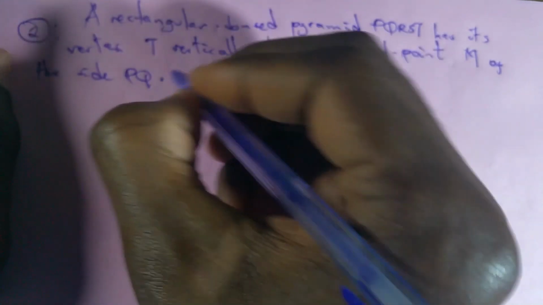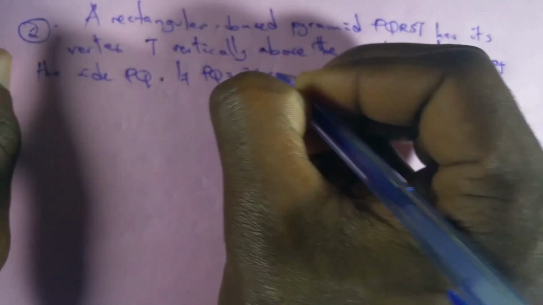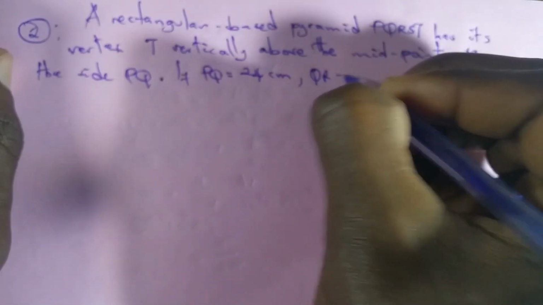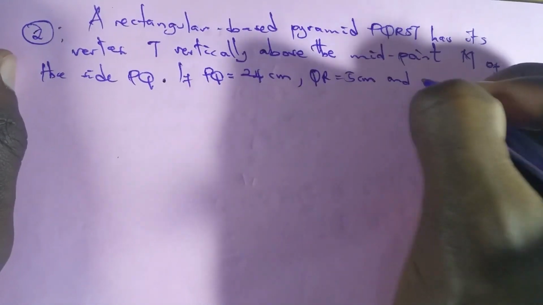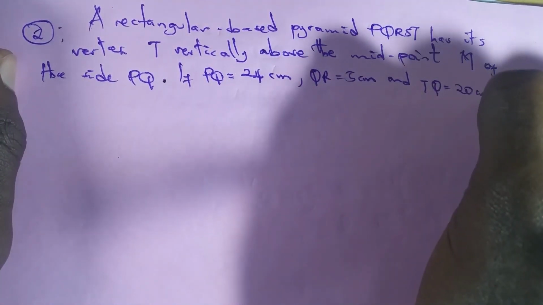Now let's say PQ is given to be 24 centimeters, QR is 5 centimeters, and TQ is 20 centimeters.